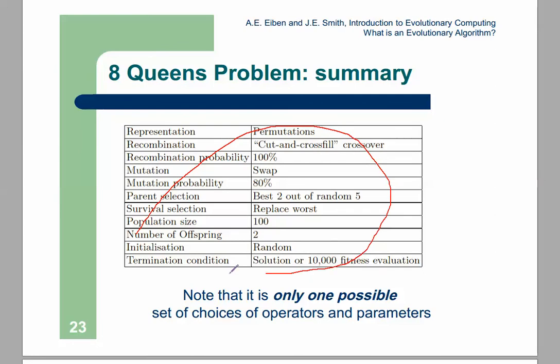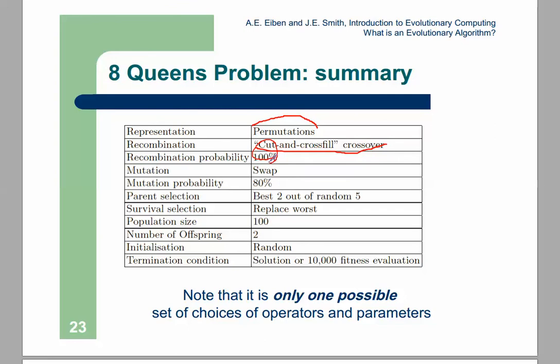It is a summary of the solution of the 8 queens problem. It is not only one possible solution. There are many solutions for this problem. As we said, the representation is permutation. Crossover is cut and crossfill.